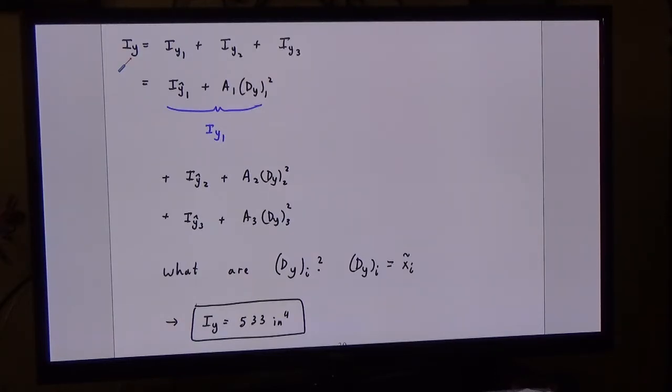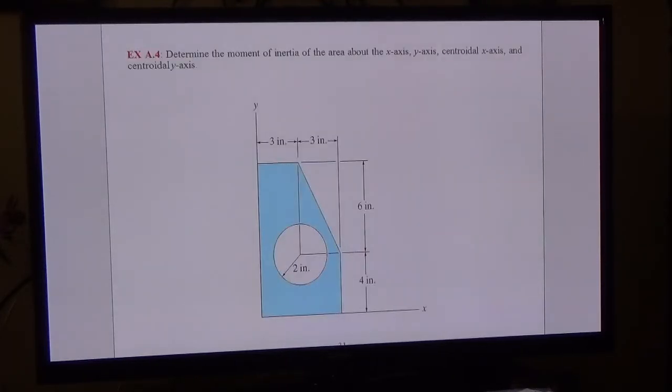There's a couple other things that I want to point out along the way about some problems, how they're different than others. I want to look at one problem that has a hole, and I also want to look at what if we're asked to find moment of inertia about some other axis besides the x or y axis. So I want to take a look at this problem here.